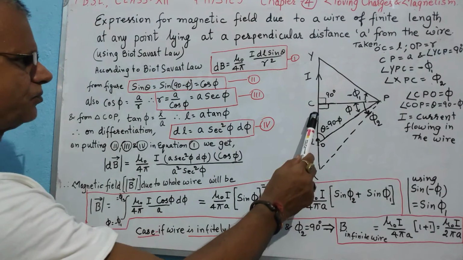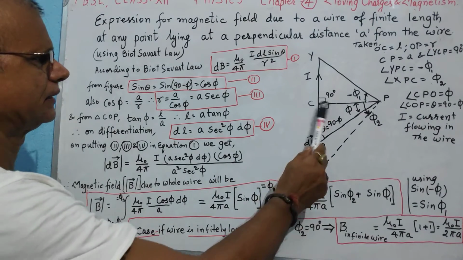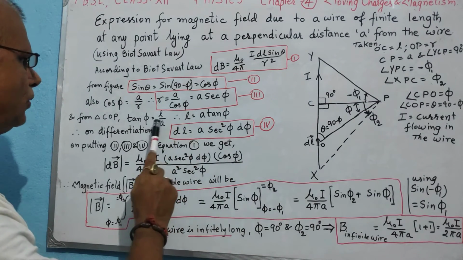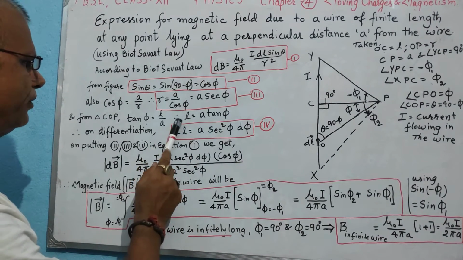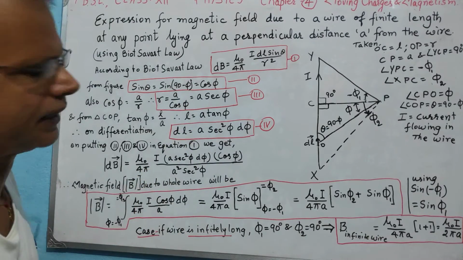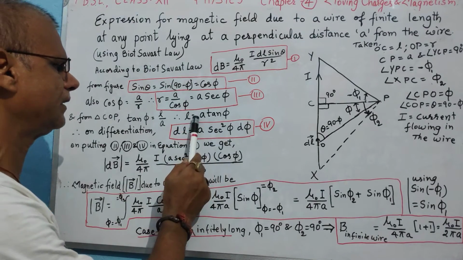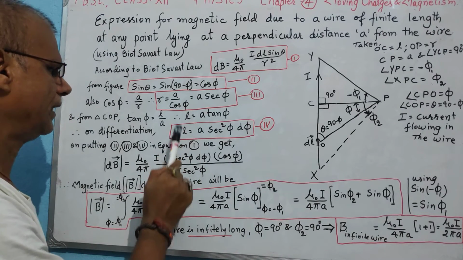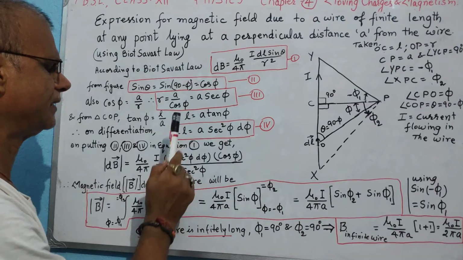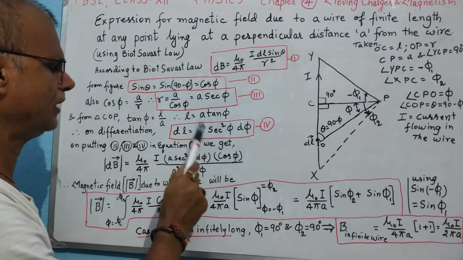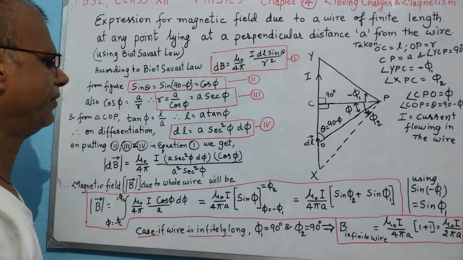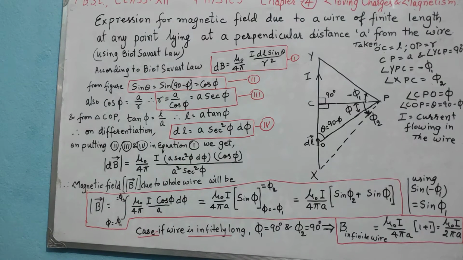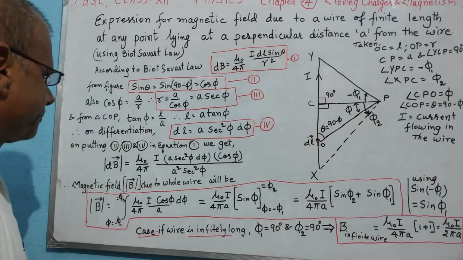So we have taken CO as L and PC as A. Therefore tan phi is equal to L by A, and therefore we have L is equal to A tan phi. On differentiating this expression L is equal to A tan phi, we have dL equal to A, which is constant, times sec square phi d phi.